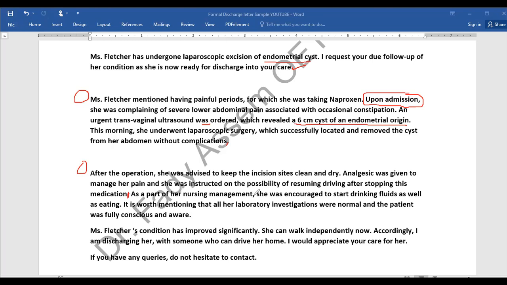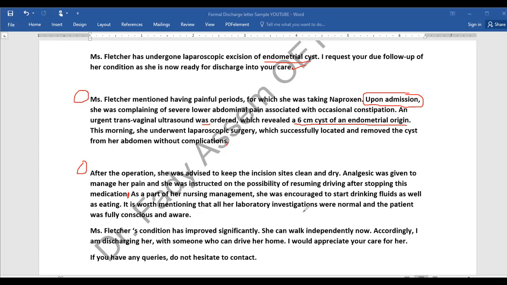Then I will continue to talk about her nursing management. She was encouraged to start drinking fluids as well as eating. It is worth mentioning that all her lab investigations were normal and the patient was fully conscious and aware.